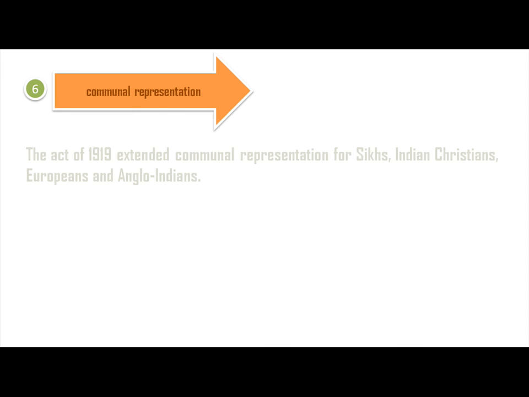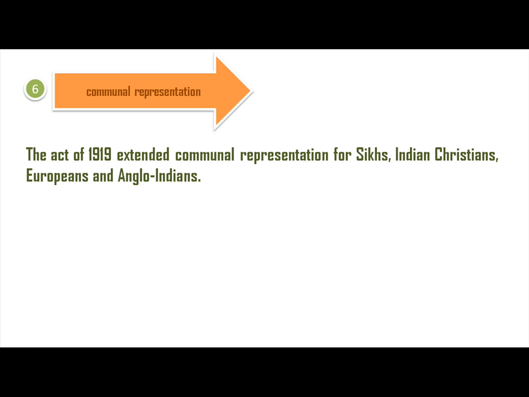Moving on to the next important characteristic feature, communal representation. You know the meaning of communal representation, right? This Act of 1919 extended the communal representation to Sikhs, Indian Christians, Europeans and Anglo-Indians. Let me explain this. When we discussed the Indian Councils Act of 1909, we talked about communal representation.